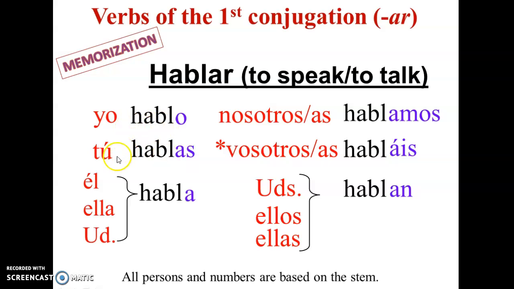So I speak, you speak, he or she or usted speaks, we speak, and then vosotros in Spain, and then they and you guys speak. So, yo hablo, tú hablas, él, ella, usted habla. Nosotros o nosotras hablamos, habláis, ustedes, ellos, ellas hablan.